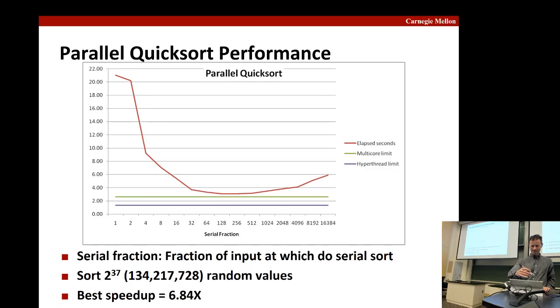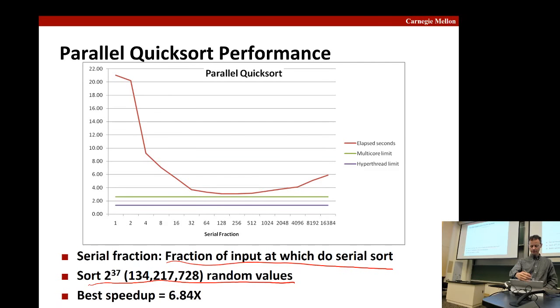So our parallel quicksort, we're sorting 2 to the 37th random values in this particular case. And what we're plotting here is where our cutoff is. What fraction of the input do we decide that now's the time to transition to serial sort?